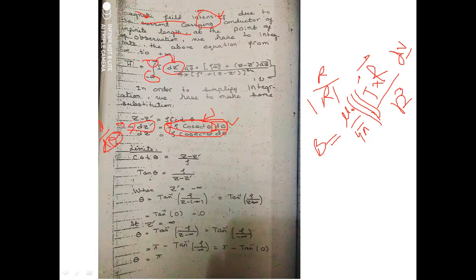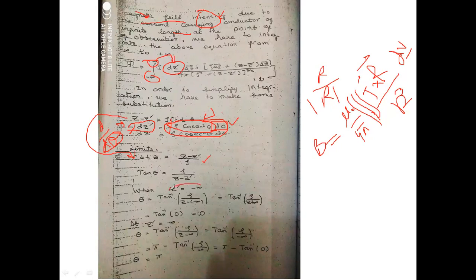But now for the theta, we have to find new limits. So from this expression, z minus z dash is equal to rho cotangent theta. So cotangent theta is equal to z minus z dash divided by rho. Taking the reciprocal, tangent theta is equal to rho over z minus z dash.